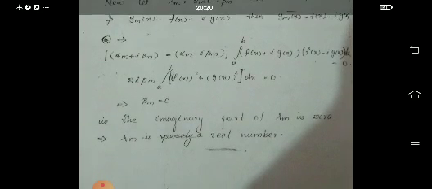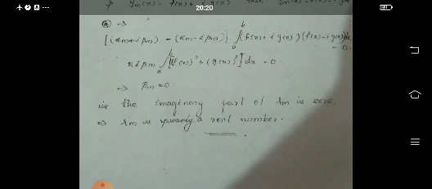That is, alpha m plus i beta m minus alpha m minus i beta m, into integral a to b of f of x plus i g of x times f of x minus i g of x dx, equals 0. This implies i beta m integral a to b of f of x squared plus g of x squared dx equals 0.